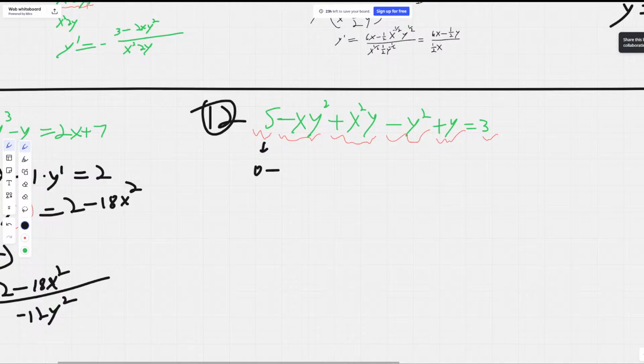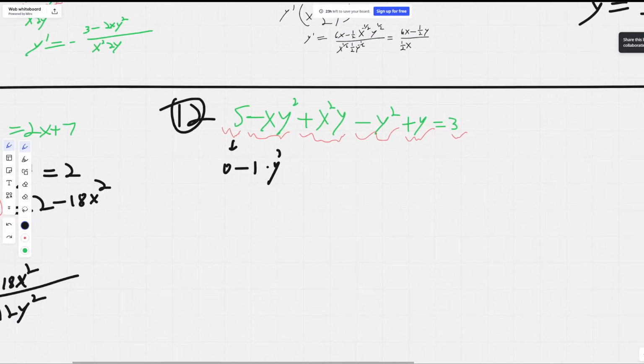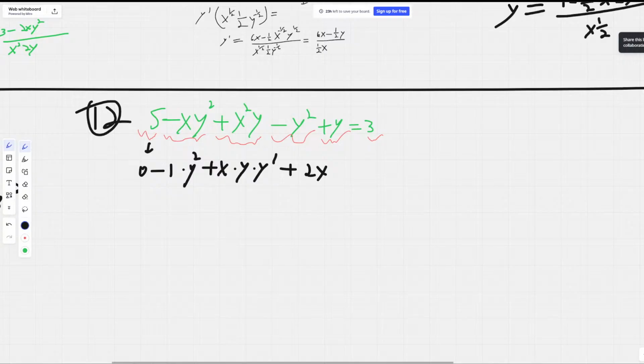0 equals start of this, which is 1 times y squared plus x times 2y y prime plus 2x. My fault.